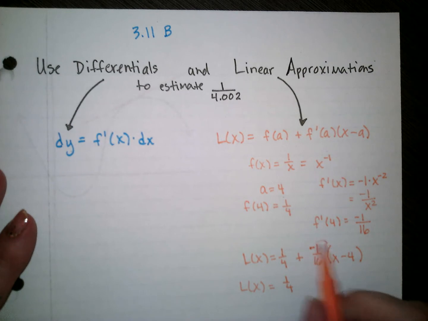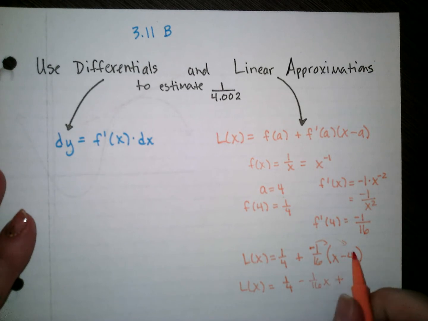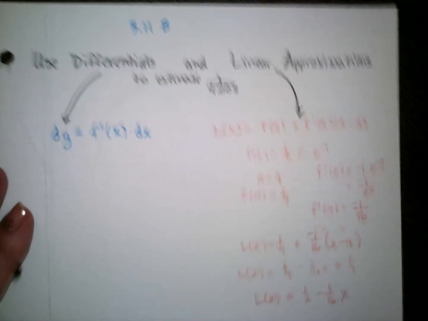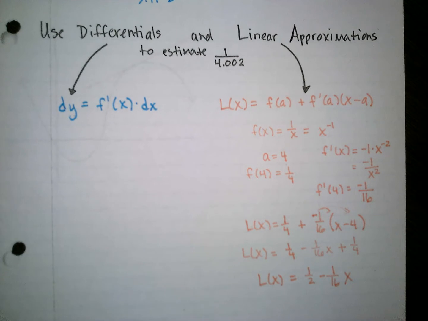So I'll distribute that through. Negative 1/16 x, and then plus 4/16, which is 1/4. So L of x would come out to be 1/4 plus 1/4, so 1/2, minus 1/16 x. So that's our linear approximation formula.